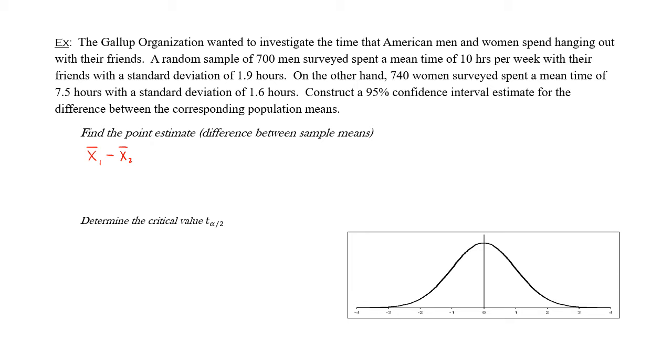And let's specify exactly what these two groups are. So let's let mu1 equal the mean amount of time that men spend with their friends.